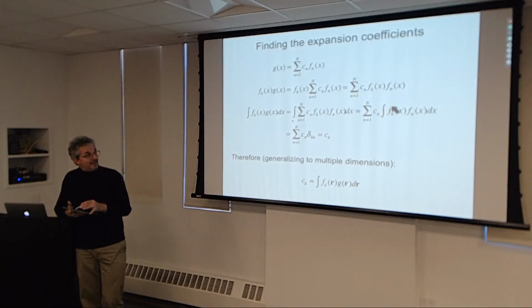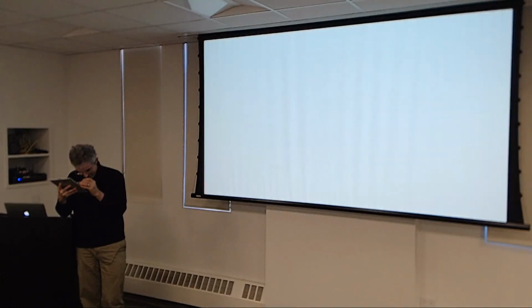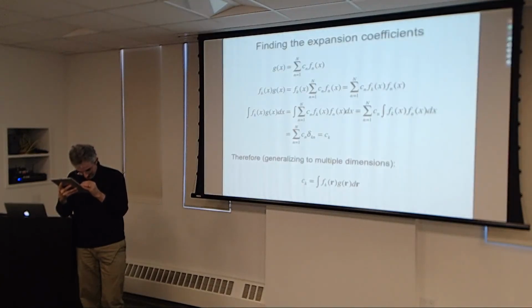And now I have the integral of the product, and actually here I've made a mistake. But now I can fix it. I really should have multiplied by the complex conjugate on both sides, just in case my function is complex.